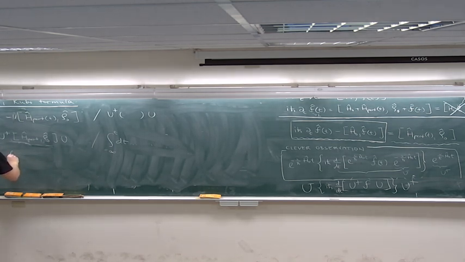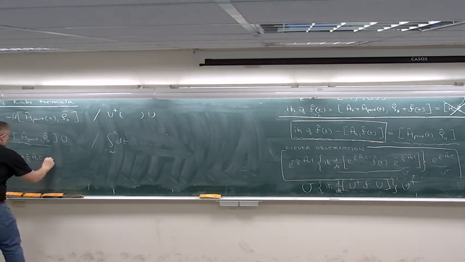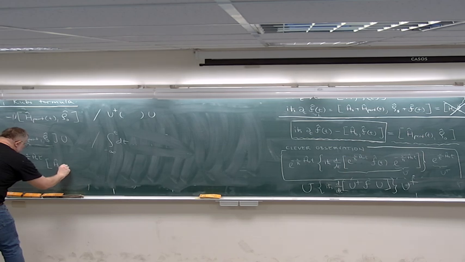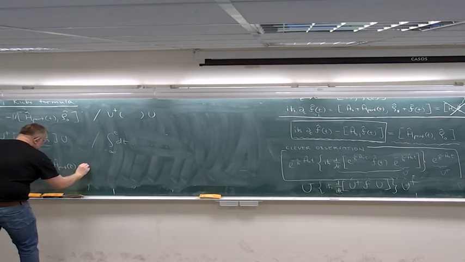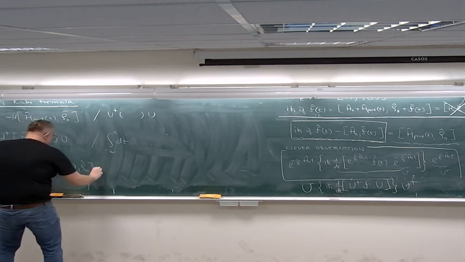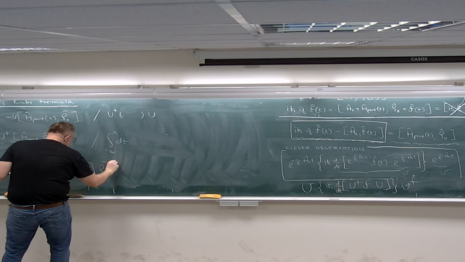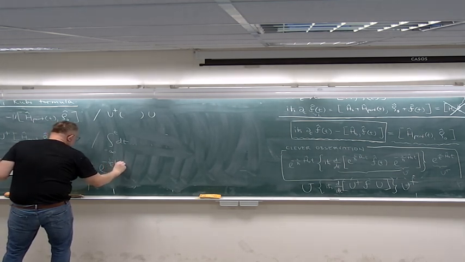It will be e to the plus i H0 tau over h bar. Then I'm having this Hamiltonian as a function of tau, making the commutator with rho 0, then I need to put e to the minus i H0 tau over h bar, right?